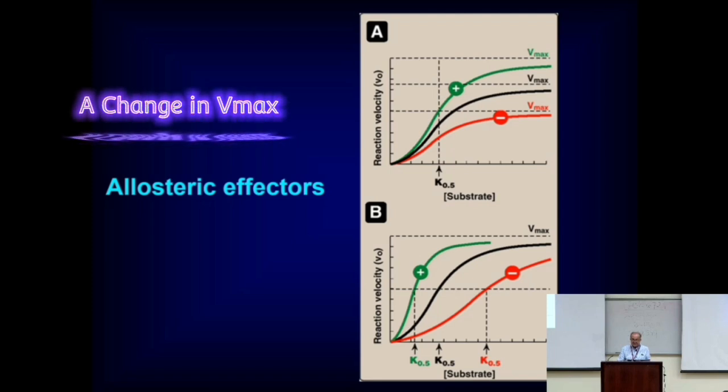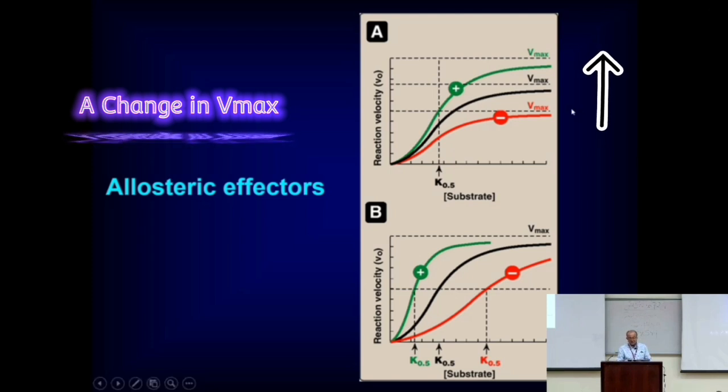that positively modulates the activity of this allosteric enzyme, it could change the Vmax by increasing the velocity. Okay? That's a positive allosteric activator.